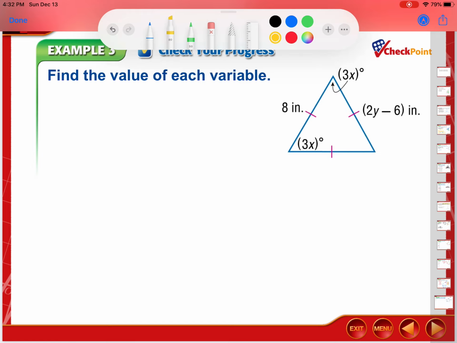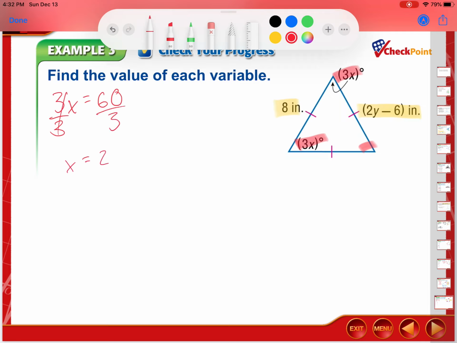This one, in my opinion, is a little bit easier because right away I see we have 3 sides that are the same length, which tells me, of course, that we have an equilateral triangle, which once again means this equals this, and 3x for each of my individual angle measures here is going to equal 60.